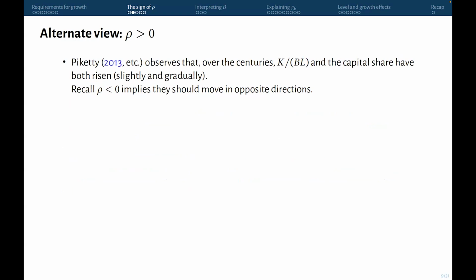His only evidence for this view is that over the centuries, the ratio of effective capital to effective labor has grown slightly and gradually, but it has grown. The Kaldor fact of fully balanced growth hasn't held perfectly, but the capital share has also grown a little bit.